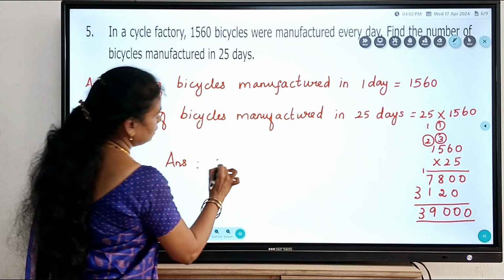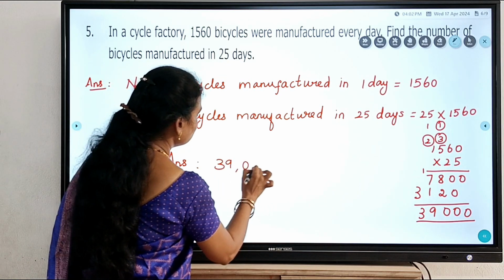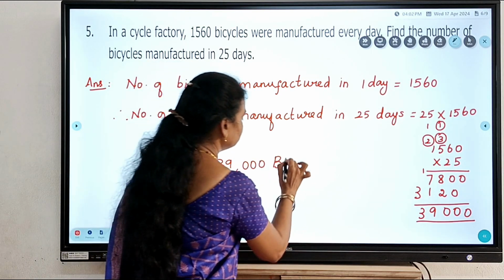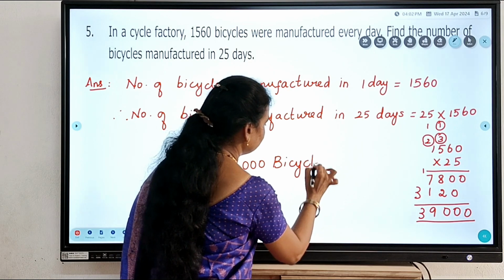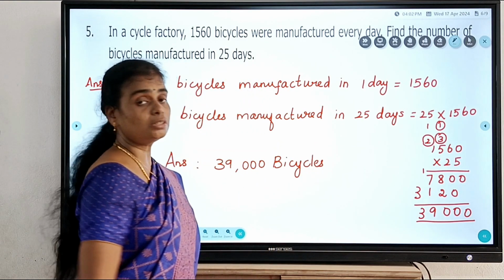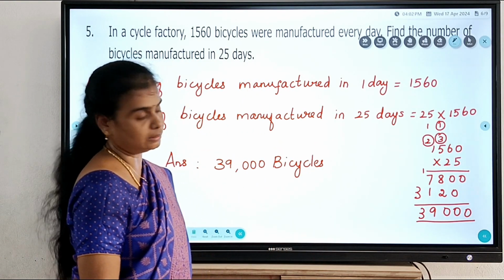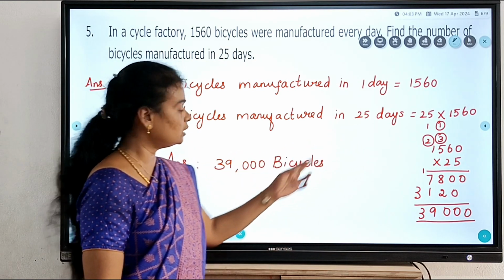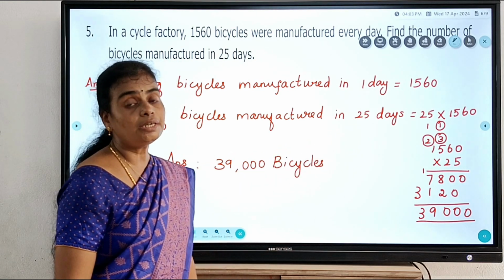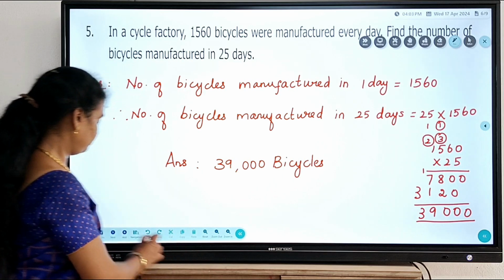So the answer is 39,000 bicycles. So for one day they are manufacturing 1560 bicycles. Therefore for 25 days they would have manufactured 39,000 bicycles.